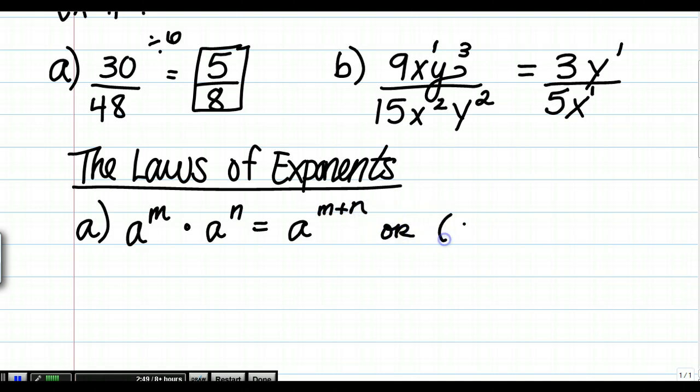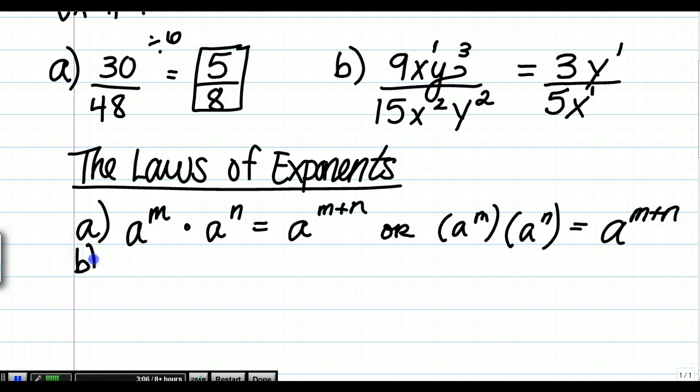It could even look like this. This would mean the same thing. Here we would add them again, and you'd have a to the n plus n. So either way it was written, with parentheses or not, you would still add them.